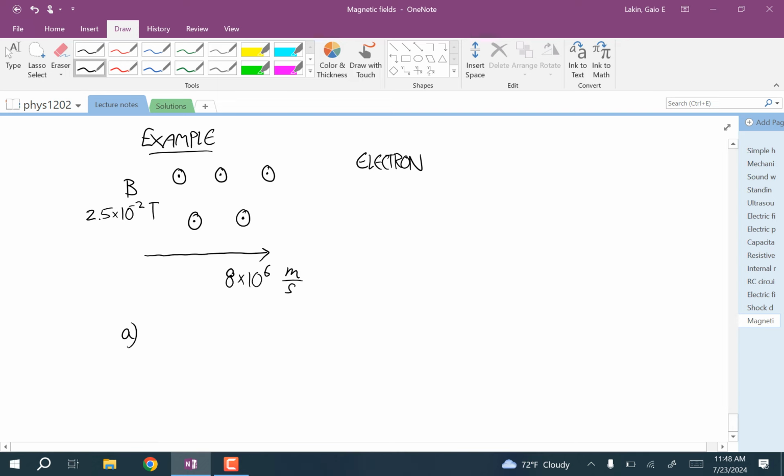So first we're going to calculate the radius of the circle. And then second, we're going to calculate the direction of this circular motion.